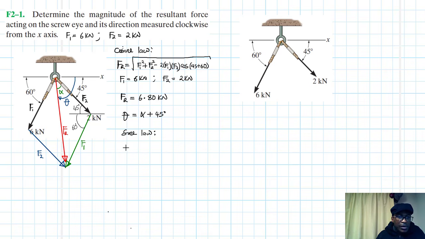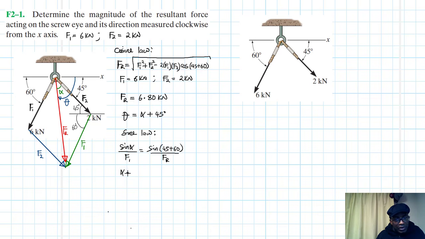Okay, so sine alpha divided by F1 is equal to sine 45 plus 60 divided by FR.